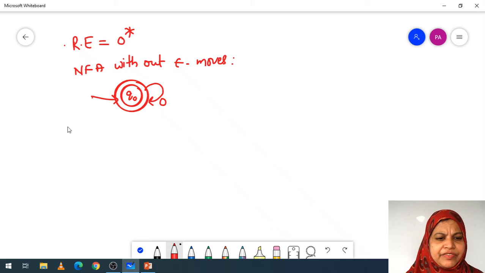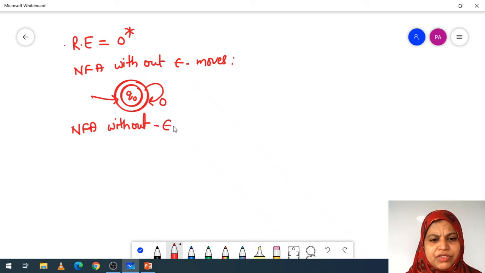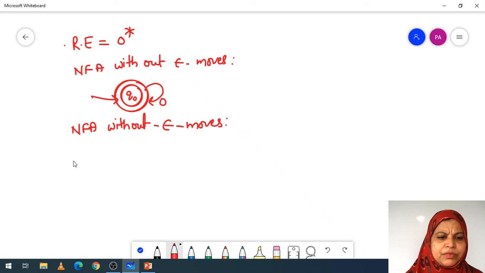Next is NFA without epsilon moves. How am I going to convert this NFA without epsilon moves?